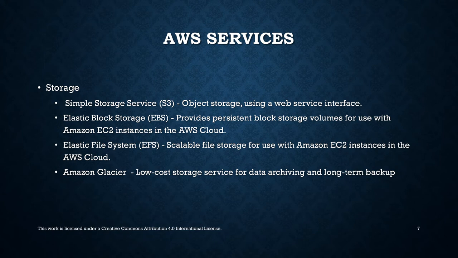Elastic Block Storage provides persistent block storage. EBS is associated with an EC2 instance. When a user creates an EC2 instance, the Elastic Block Storage is often created at that time. Data encryption is available in EBS. In addition, users can select between solid-state and hard disk drives, based on application performance needs.